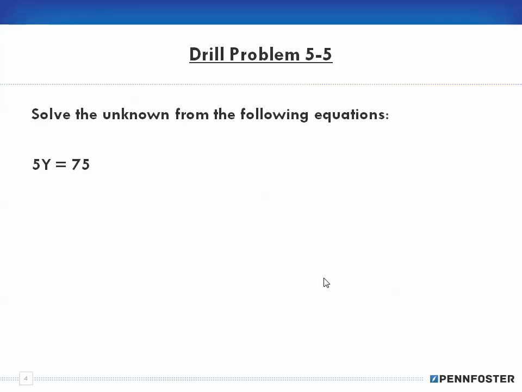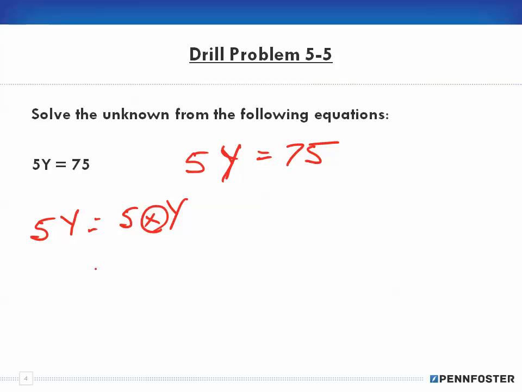Next one. Solve for the unknown. Same thing, except we now have 5y is equal to 75. Y is our variable, and we want to isolate the variable. Now realize that 5y is the same as writing 5 times y. That multiplication sign is understood when we put the constant right next to the variable.